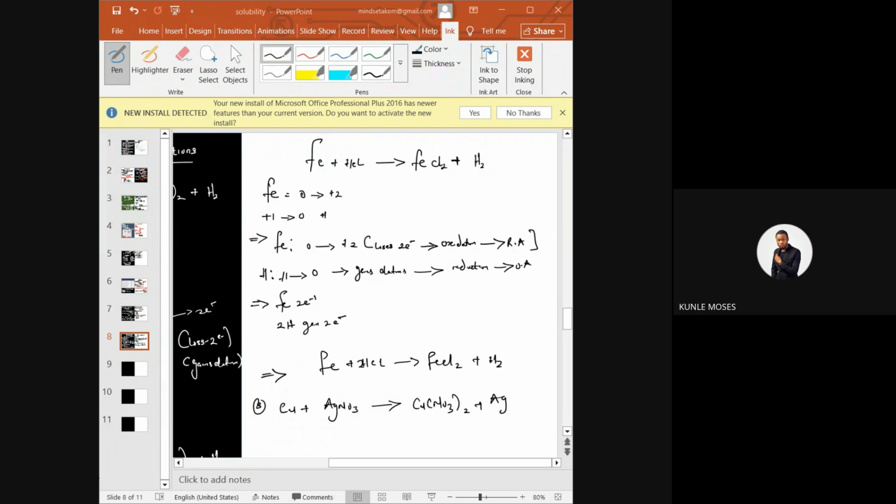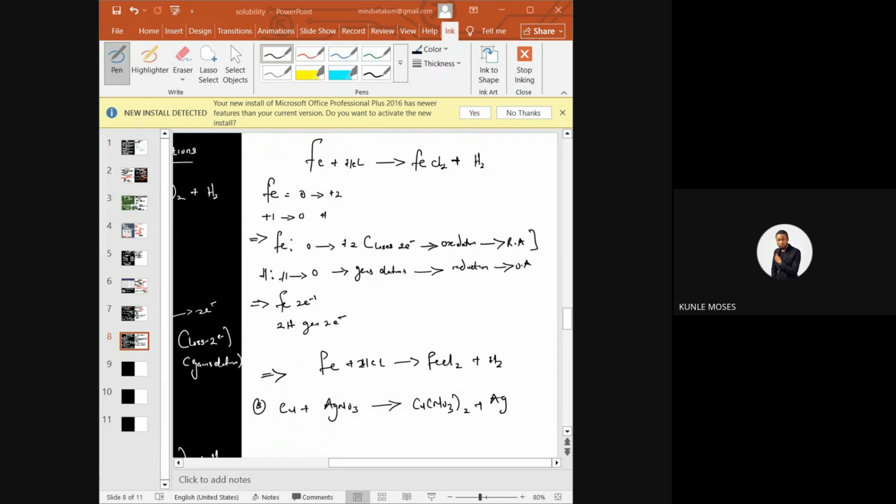Don't think at all, don't calculate it. The Roman numeral that is attached to that metal is the oxidation state of the metal.